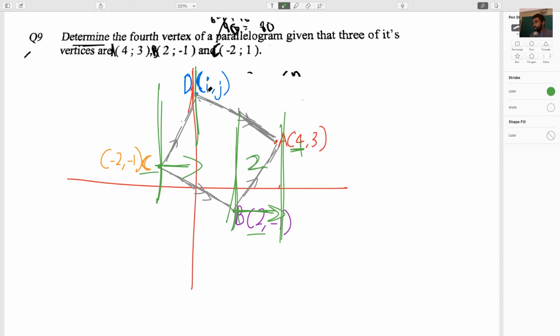So from C to D will be minus 2 plus 2, which is 0.